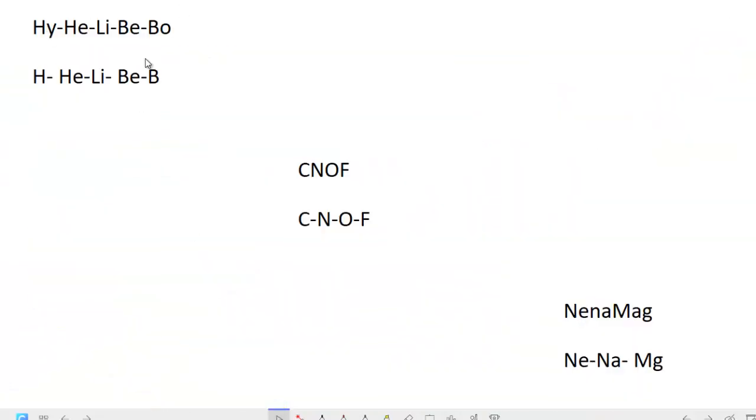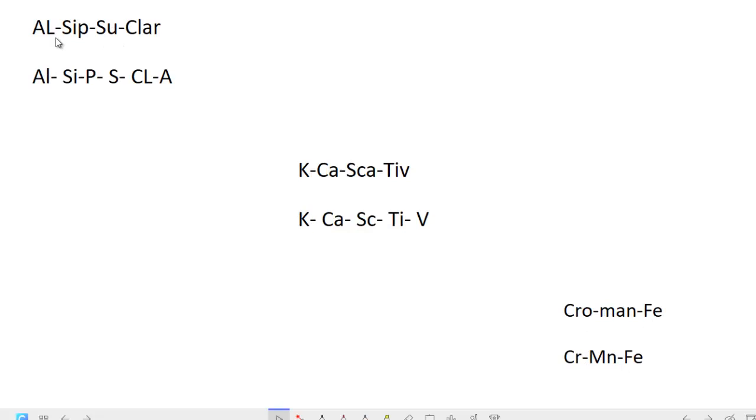So we can use the mnemonic: hydrogen, helium, lithium, beryllium, boron, carbon, nitrogen, oxygen, fluorine, neon, natrium or sodium, magnesium, aluminum, silicon, phosphorus, sulfur, chlorine, and argon.